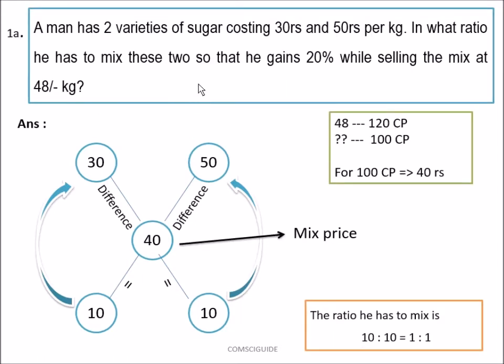But here he gains 20% profit while selling the mix at 48 rupees per kg. So for 120 CP the cost is 48 rupees. For 100 CP, how much we have to calculate, that is 40 rupees. So if you tabulate the results in this way, it is the same as in the previous case, which gives the ratio he has to mix is 1:1.